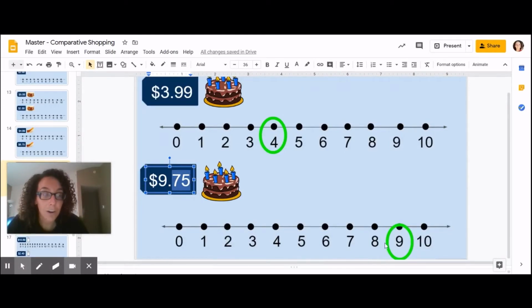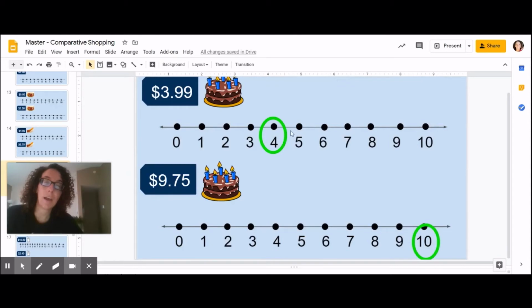Yes, there are coins, so we're going to go, oops, one more dollar. Now we can check and see which cake costs less, which one's cheaper. The one that's cheaper is the one that's closer to the 0. Is 4 closer to the 0, or is 10 closer to the 0?